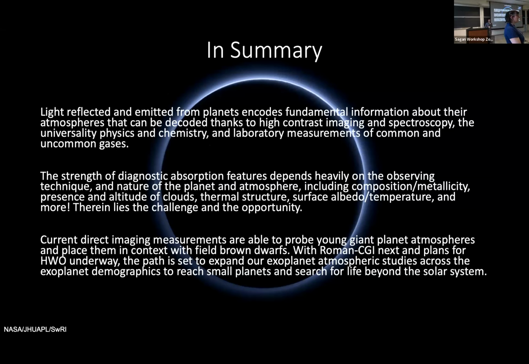Yeah, so the question is about the effect of planetary rings and exomoons on a reflected light spectrum. This is something that hasn't been studied too much. I think, given that rings and moons would be unresolved, they are a potential confusion source.